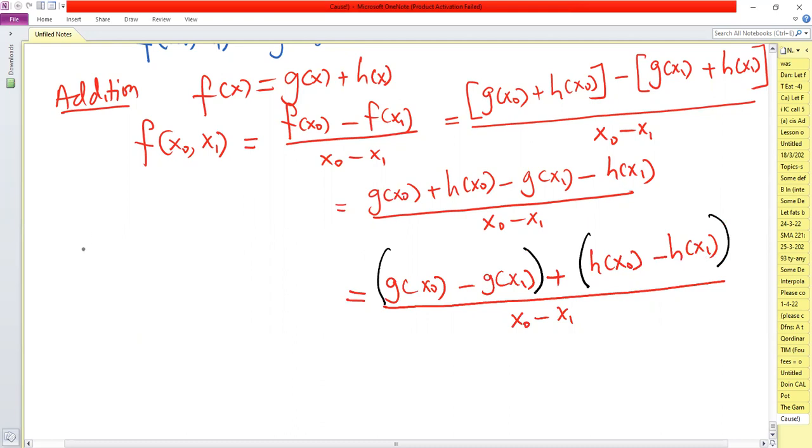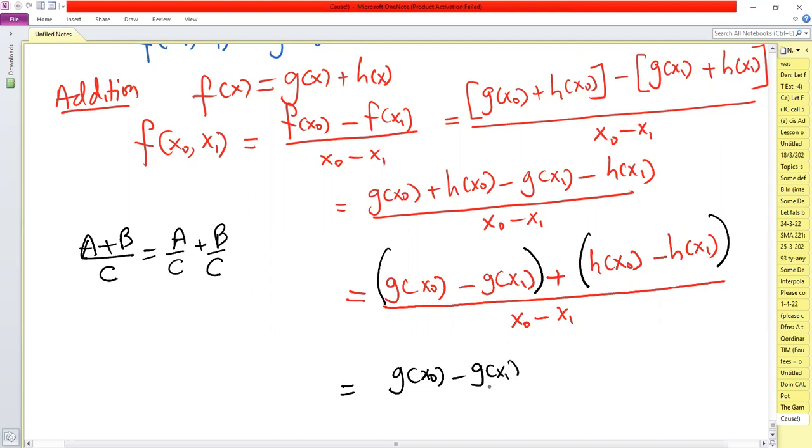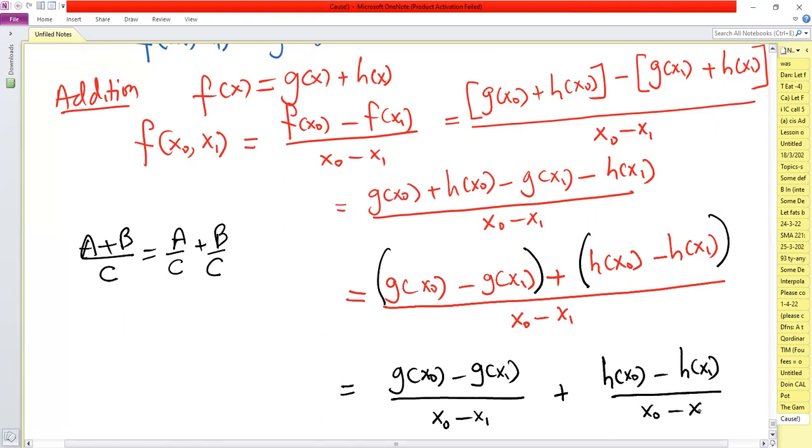And you remember a plus b over c can be written as a over c plus b over c. So this will just be g of x0 minus g of x1 divided by x0 minus x1 plus h of x0 minus h of x1 divided by x0 minus x1.